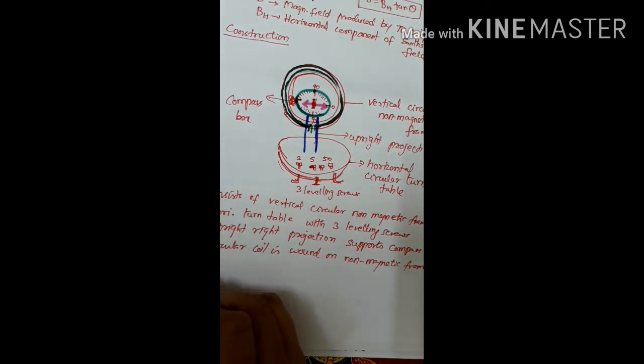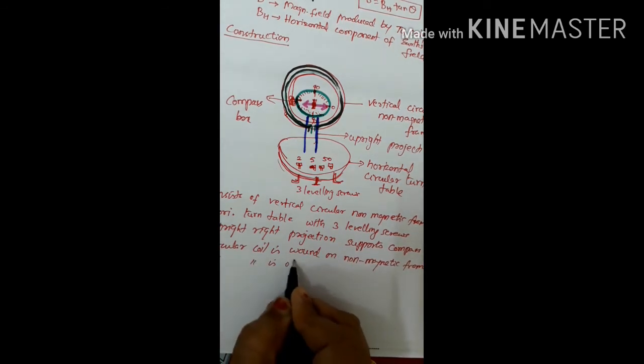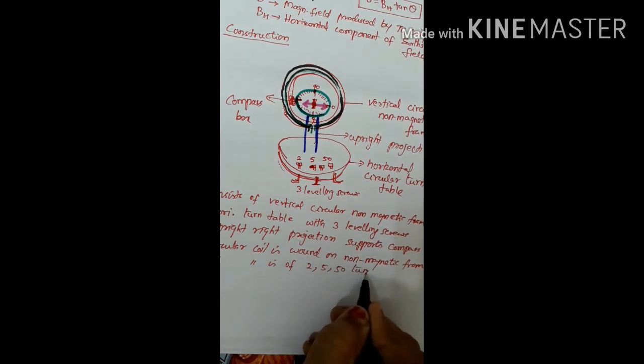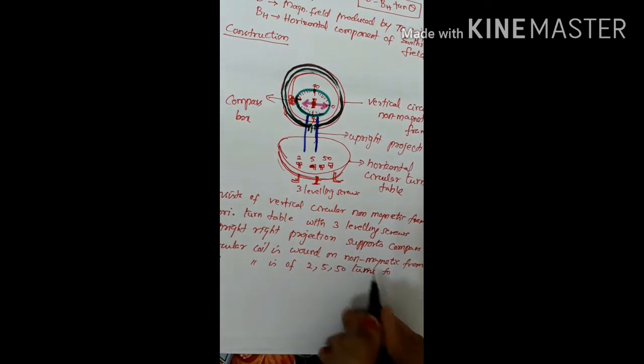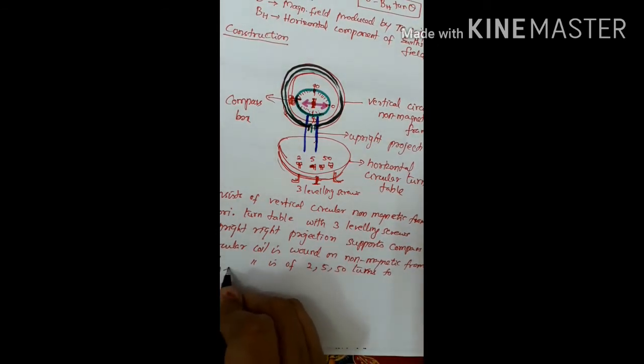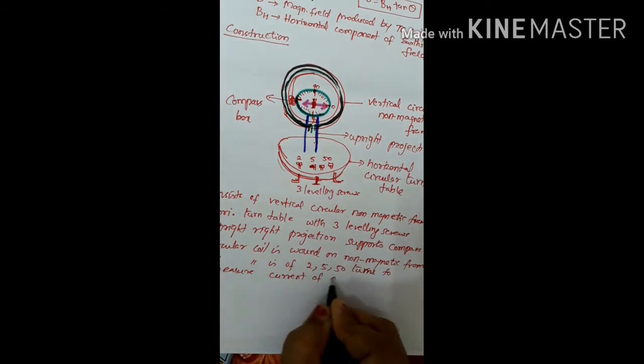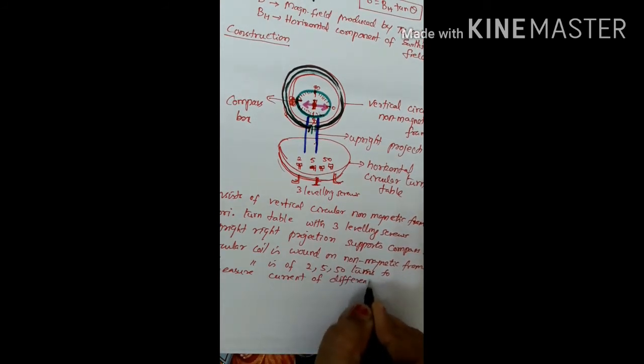This circular coil is of 550 turns to measure current of different strength. This point also you can write, different strength.